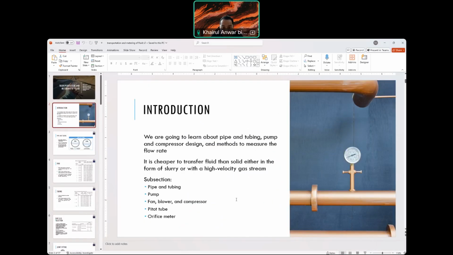It's cheaper to transfer fluid than solid, either in the form of slurry or a high velocity gas stream. And the subsections are pipe and tubing, pump, fan, blower, and compressor, pitot tube, and orifice meter.